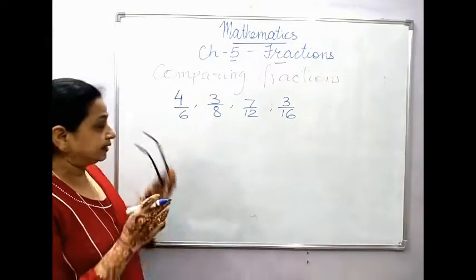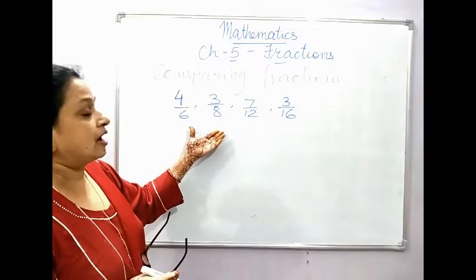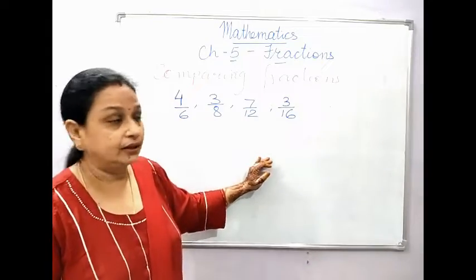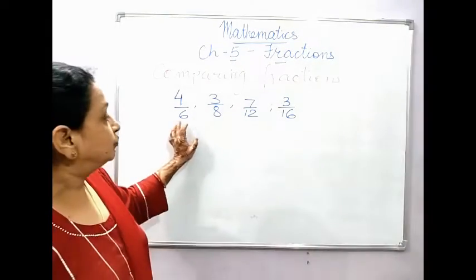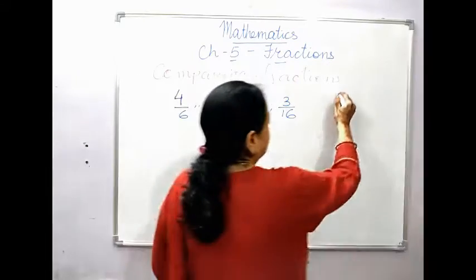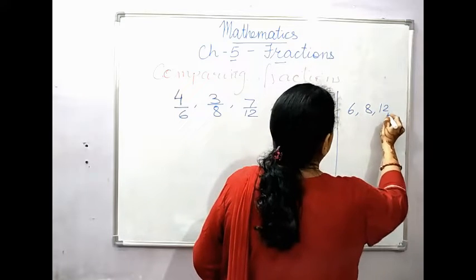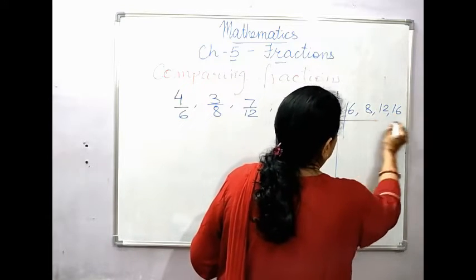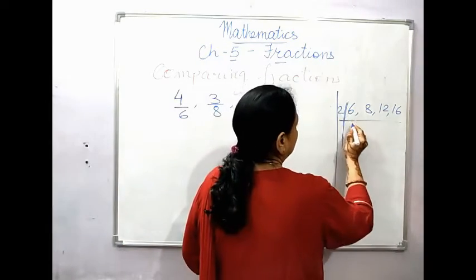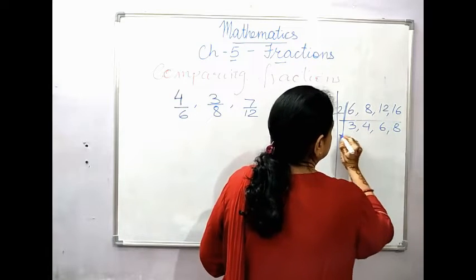Now children, see there are a number of fractions over here. You have to arrange them in ascending order and descending order. For this, first take out the LCM of these denominators. You can take out the LCM in the rough column. You all know how to take out the LCM. You know those are all even numbers, so they will go for 2. 2 3s are 6, 2 4s are 8, 2 6s are 12, 2 8s are 16.